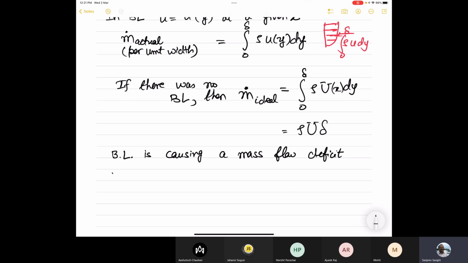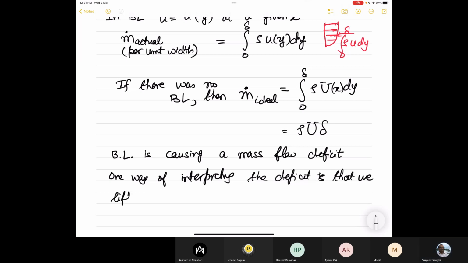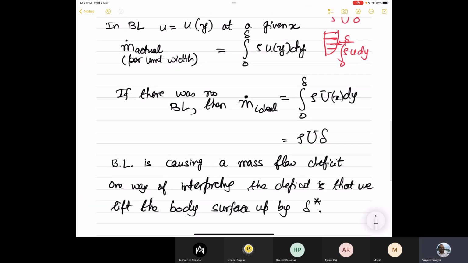And one way of interpreting the deficit is that we lift the body surface up by a quantity called delta star.